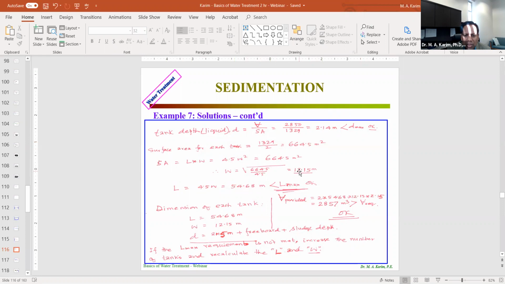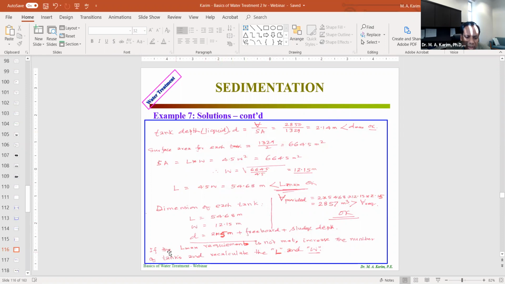So this W doesn't have any requirement, but L has a requirement of max 100 meter. So this is less than 100 meter anyway. That should be good, right? So dimension would be, for this case, 54.68 is the length, width is 12.15, and depth is 2.14, or 2.15, plus freeboard plus sludge depth.